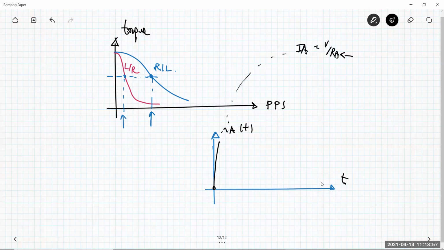But if I add something to the circuit, let's say a control circuit, that in the exact instant in which the current IA overcomes the maximum possible current, for example, opens the switch, or takes some action in order to maintain the current constant, then having a large voltage is no longer a problem, because I do not have to wait for the complete transition of the current following the exponential behavior.